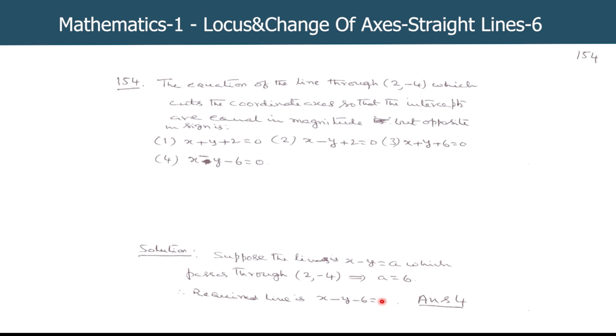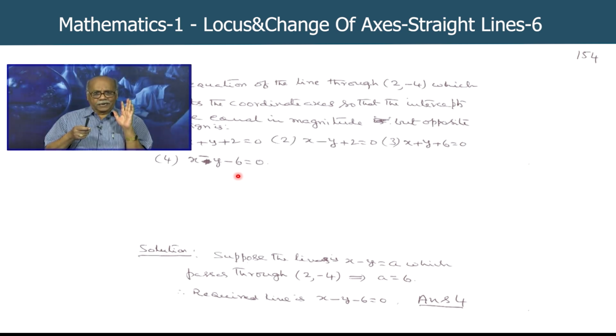154. The equation of the line through (2, minus 4), which cuts the coordinate axes so that the intercepts are equal in magnitude but opposite in sign, is: 1) x plus y plus 2 equal to 0, 2) x minus y plus 2 equal to 0, 3) x plus y plus 6 equal to 0, and 4) x minus y minus 6 equal to 0. Now, you know that intercepts equal in magnitude but opposite in sign means a and minus a.